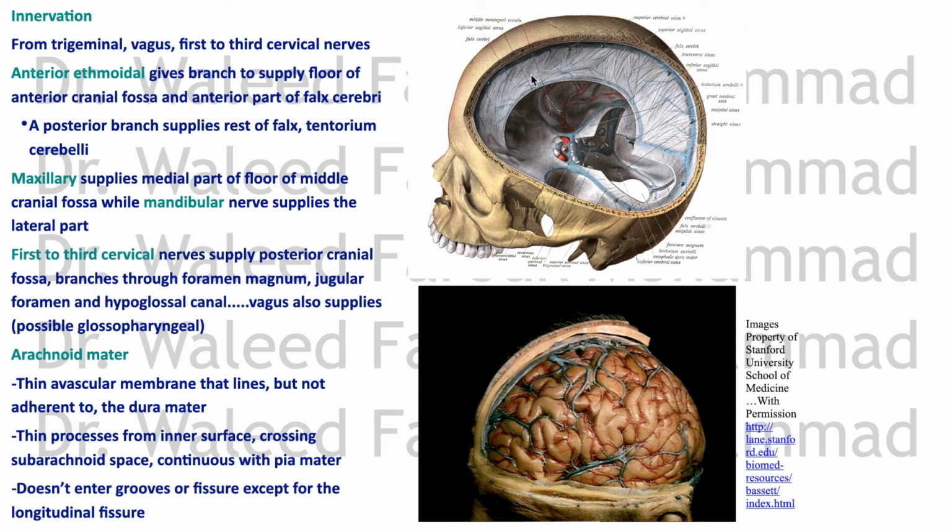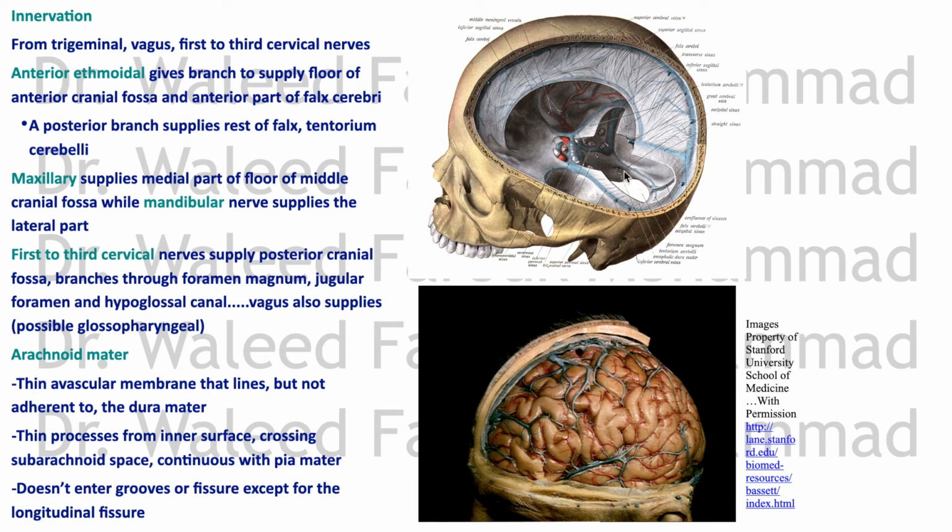So all this by the posterior branch of the anterior ethmoidal. So this is totally different than the arterial supply. Anterior ethmoidal supplies the dura of the anterior cranial fossa, the falx cerebri, and the tentorium cerebelli.